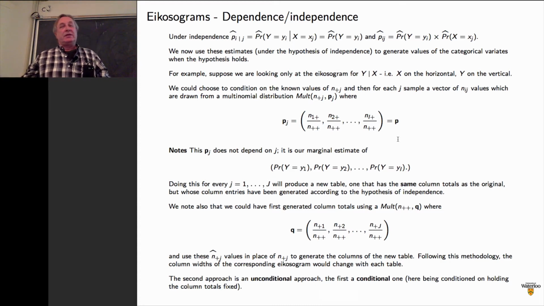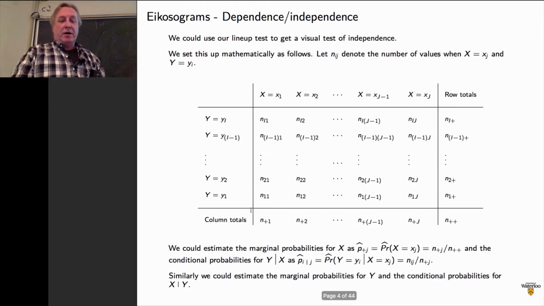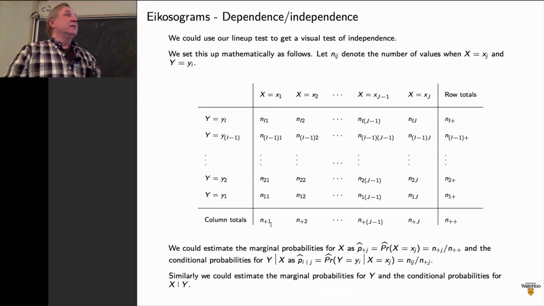Say, let's take the total number that we have in each of the x slots, use those to produce a probability vector, use that probability vector to generate new numbers of each value of x that sum to the same total. Okay, so I just generate the new collection at the bottom here. I generate that first. Once I've generated one of these, I can proceed just as before as the conditional. I can generate the y's for that fixed thing.